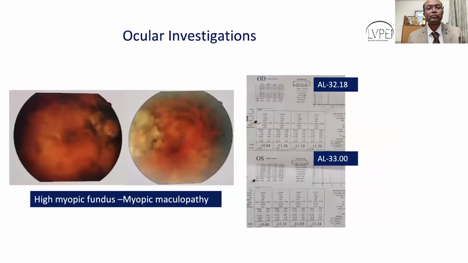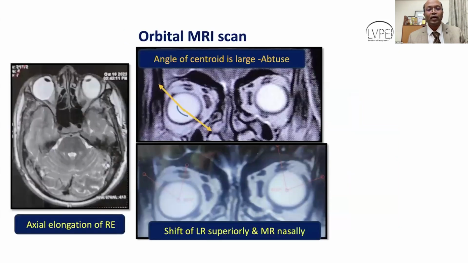On examination, his axial length was in the range of 30 to 33 millimeter with a very high myopic fundus. And interestingly, I think this is the most important aspect of this particular case, as you can appreciate in this image, the angle of centroid is extremely large. This is the superior rectus.